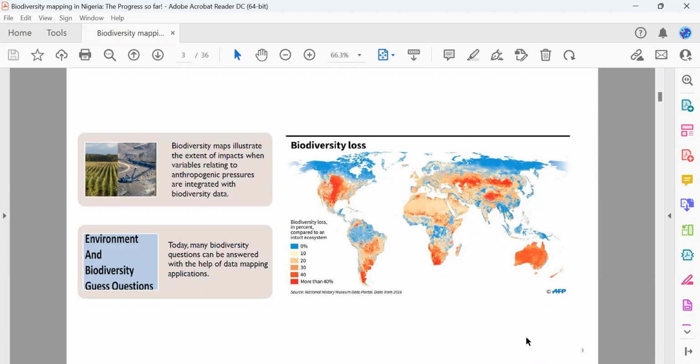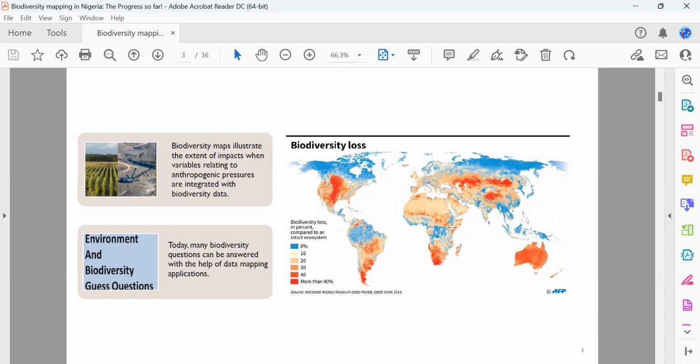And this map is biodiversity maps for the biodiversity loss in terms of percentage compared to an intact ecosystem, where there is high human activities and areas with low human activities. You can see in Australia, there is more than 40% of biodiversity loss. And that is also not surprising because of the frequent wildfires in Australia.